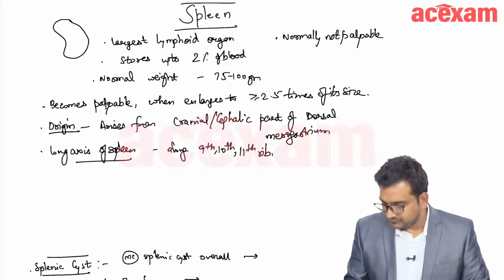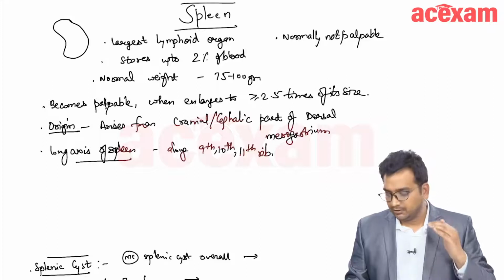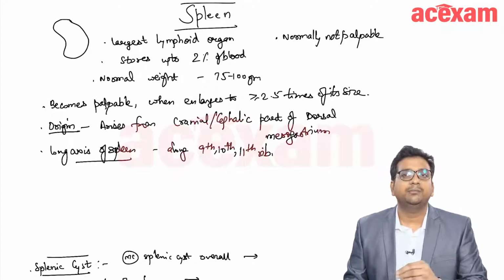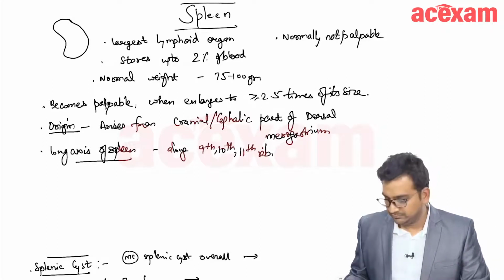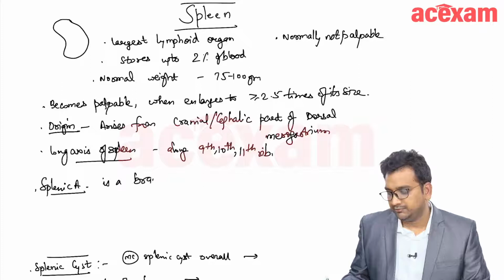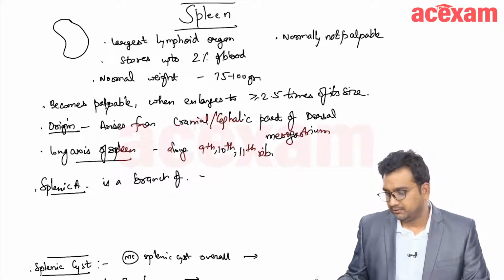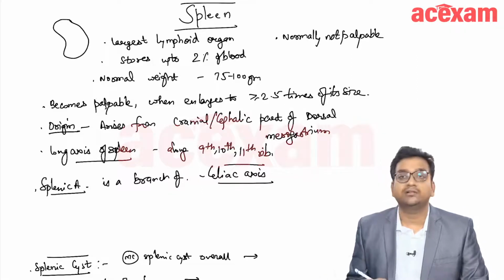Now, regarding the arterial supply, the splenic artery is a branch of celiac axis, which is a direct anterior branch of aorta.